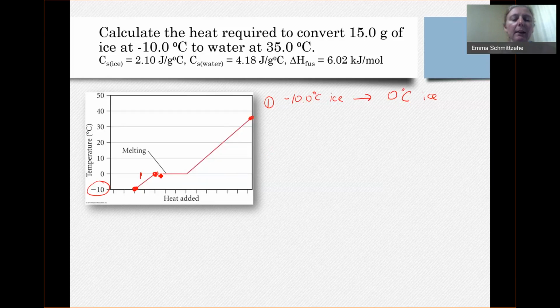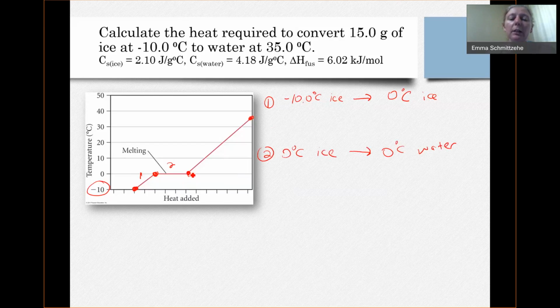And then the next step, we're going from our 0 degrees C ice and we're adding heat, and that is a phase transition, that flat point. So step 2 is going from 0 degrees C ice to 0 degrees C water, and we need to quantify that next.